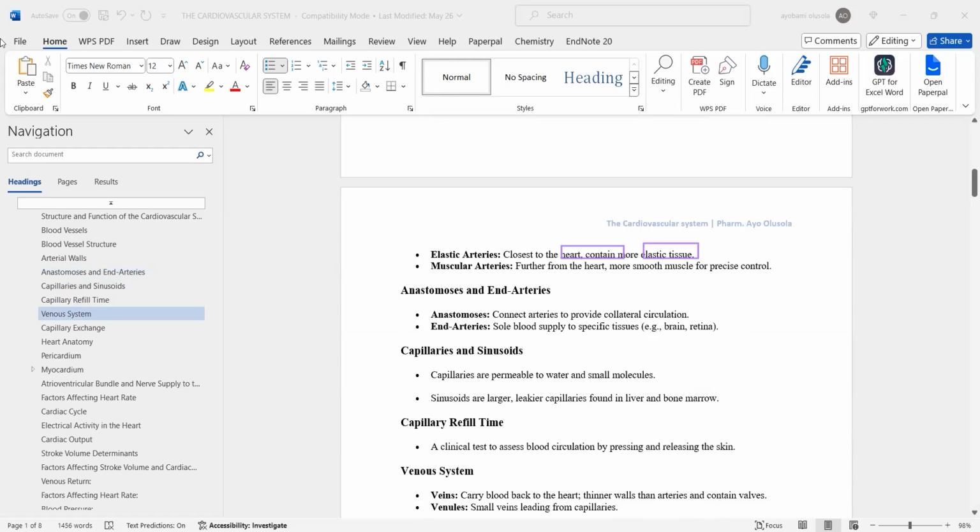So let's talk about anastomosis and end arteries. You see, when we say anastomosis in the circulatory system, what we are referring to is just collateral circulation. And this is how I explained it. An artery carries oxygenated blood to all organs in your body.